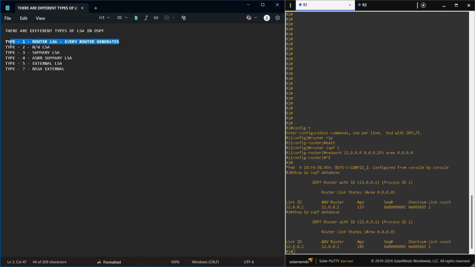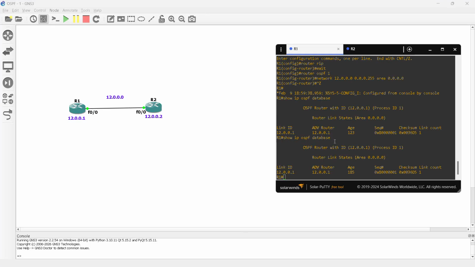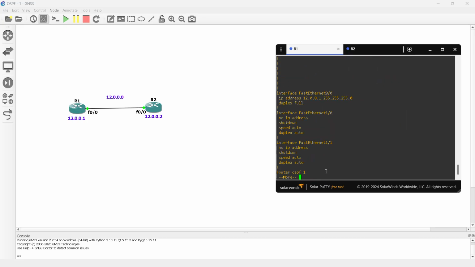Now let's head into a different concept. Let's see the running configuration. Show running-config. Let me expand it.